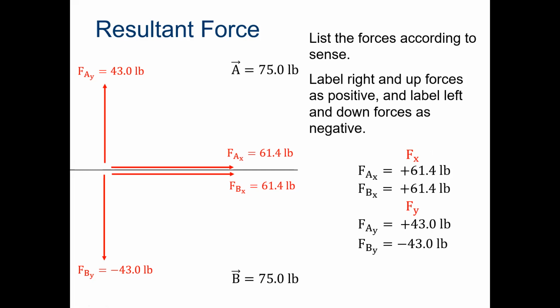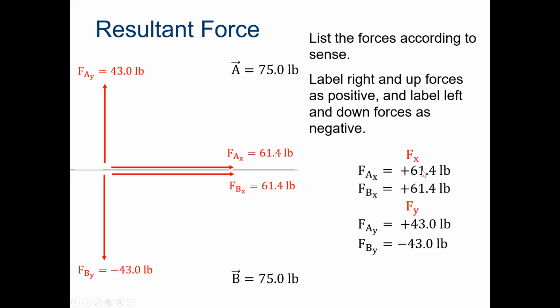So here you see component AX and component BX, both at 61.4 pounds. And then you see our Y components. Our component force AY is positive 43, and our component force BY is negative 43.